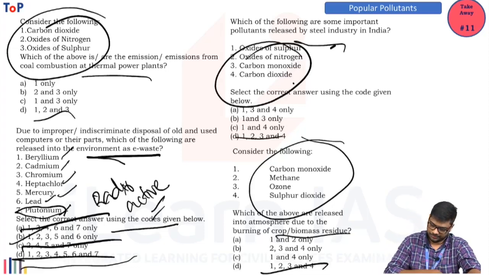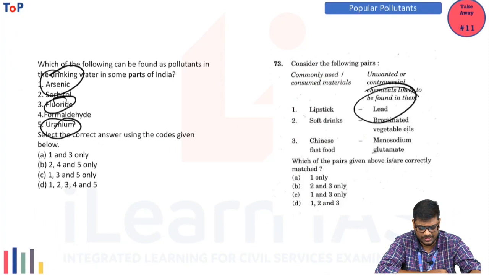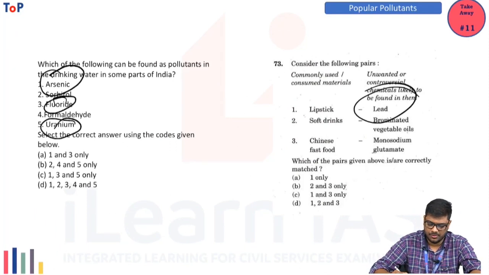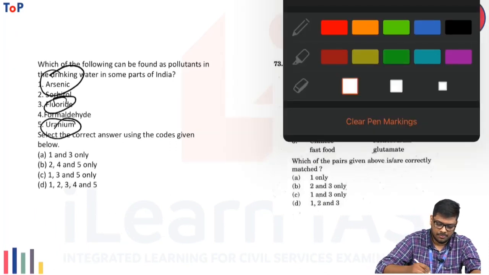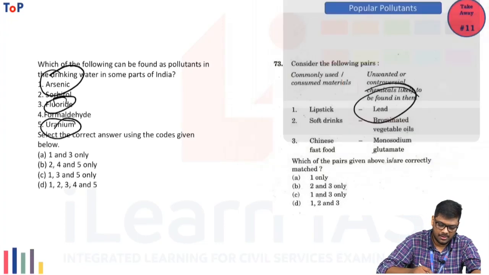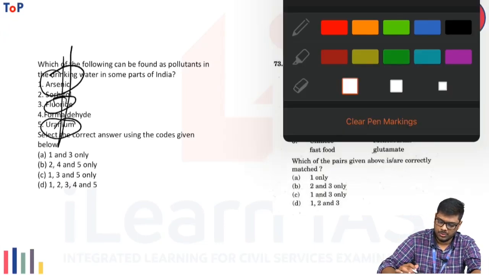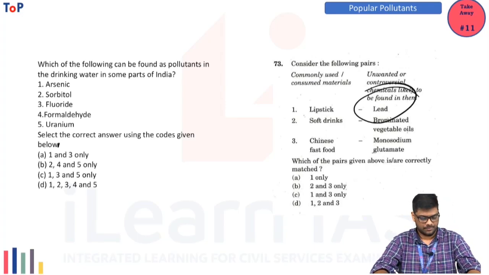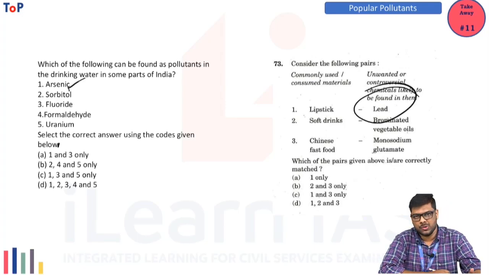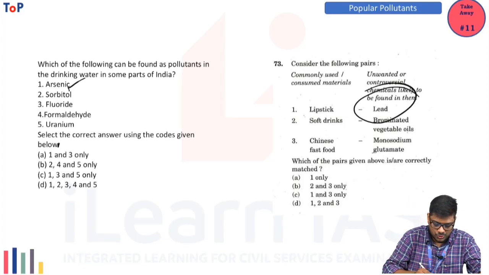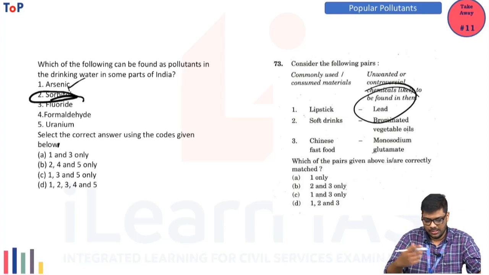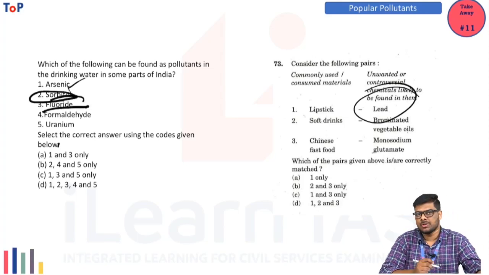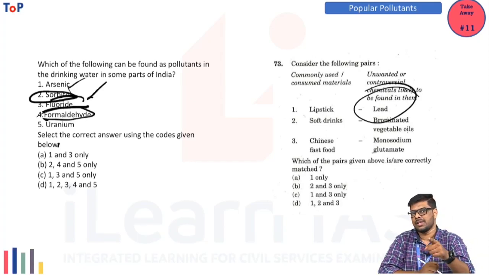Then let me give you more examples. This particular question: how to identify the contaminants in drinking water. Arsenic, a natural element, can be found in earth. Sorbitol, don't know anything about it, leave it there. Fluoride, a natural component, can be found in earth. Formaldehyde, it's pretty much there in the news, right?